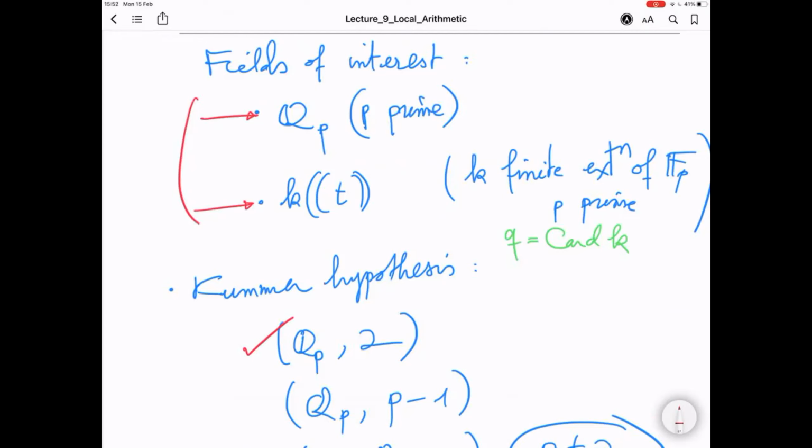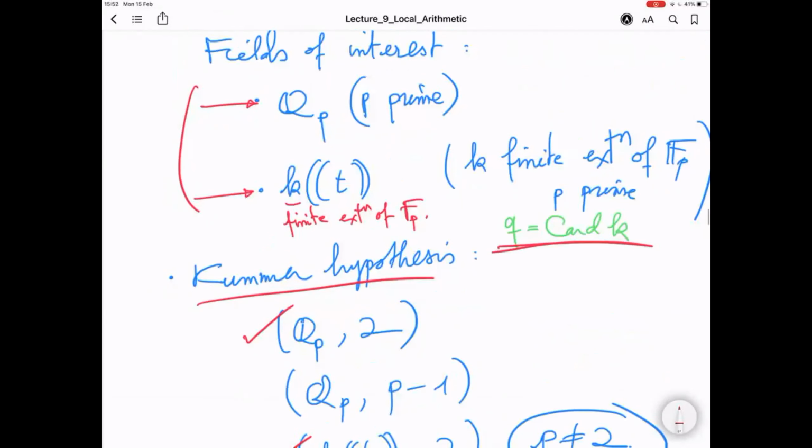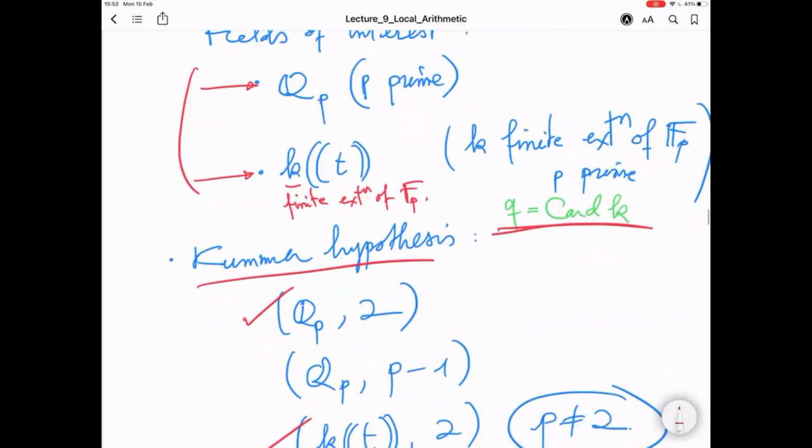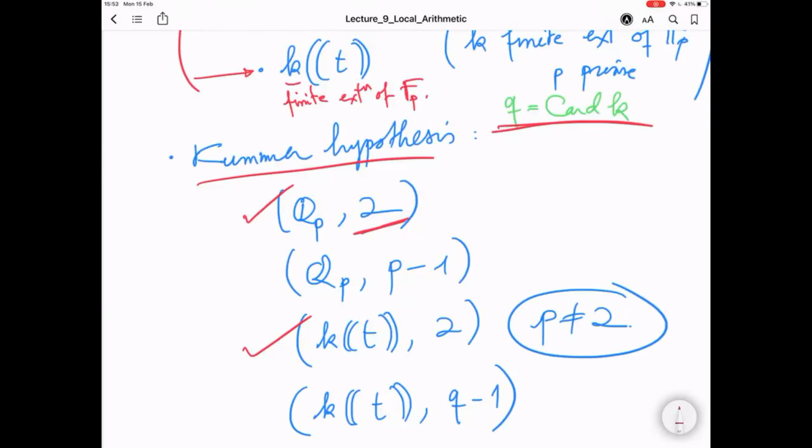So for which n do these fields satisfy the Kummer hypothesis? In other words, for which n do these fields contain a primitive nth root of unity? They all contain a primitive second root of unity. That's just minus 1.